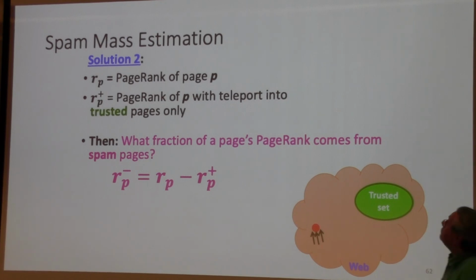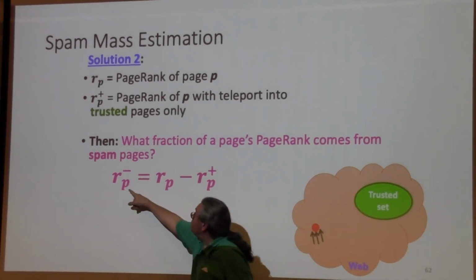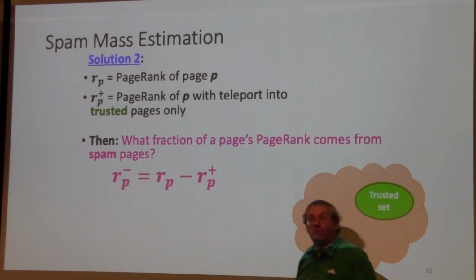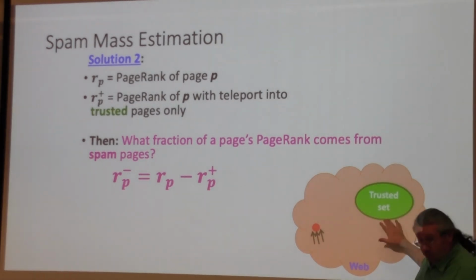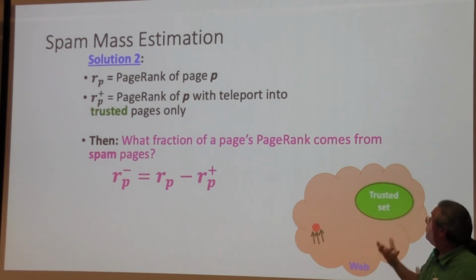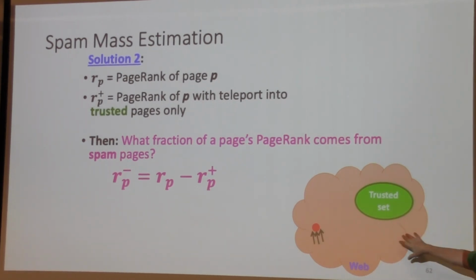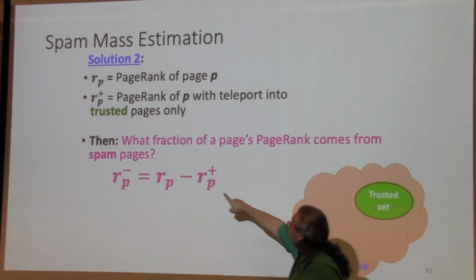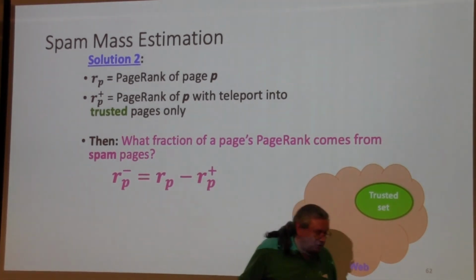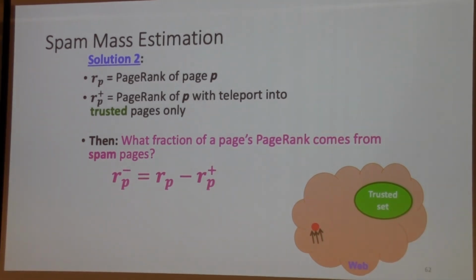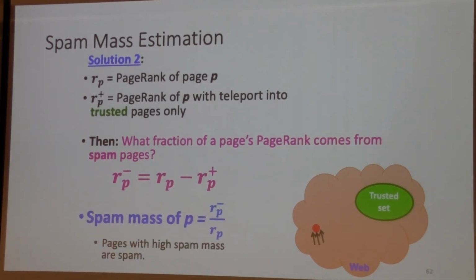And the difference between the two is considered to be how much PageRank is coming from spam. So if the trusted set was kind of representative of all of the pages, and there's no spam, then these two would probably be almost the same, and the spam fraction would be 0.